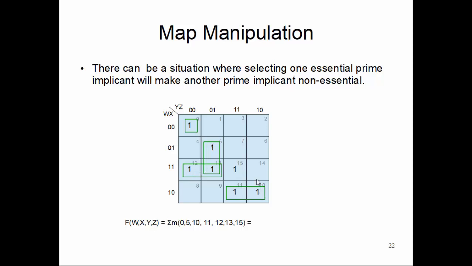But in this class, what I like to define is that you have to make one of them essential. You have to make either 13, 15 or 15, 11 essential, because you need to put it in your expression. You cannot avoid them. So you are choosing between two groups and marking one as essential for you.